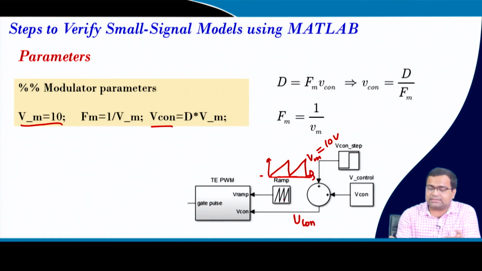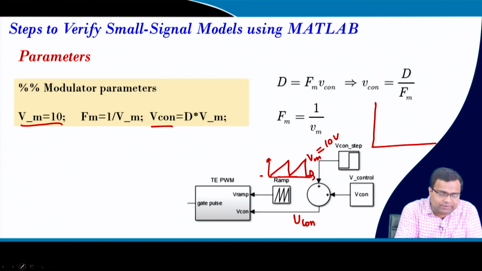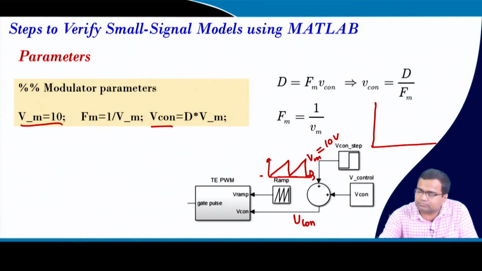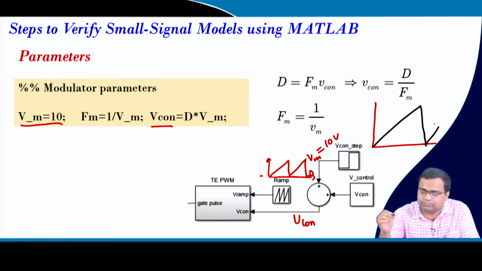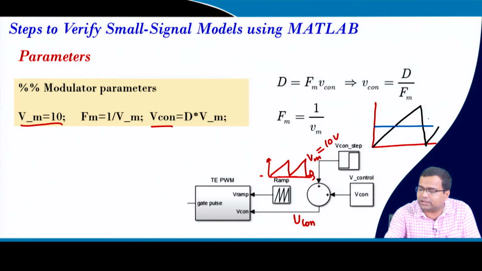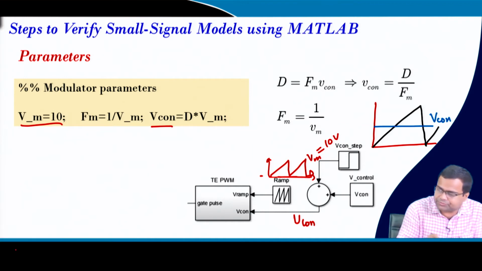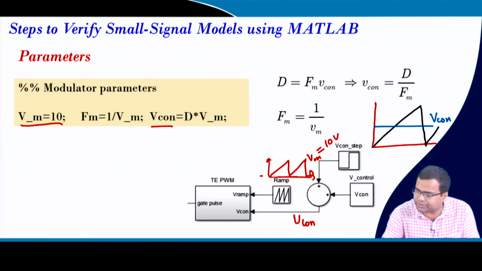Now, once you compare this control voltage with the sawtooth, if I draw here in a different color, this is my sawtooth waveform, and this is my Vcon. This will generate my duty ratio.